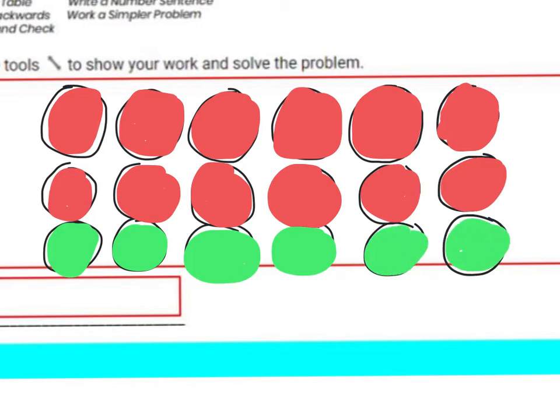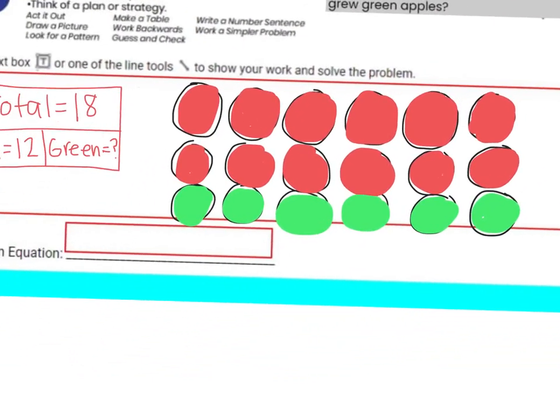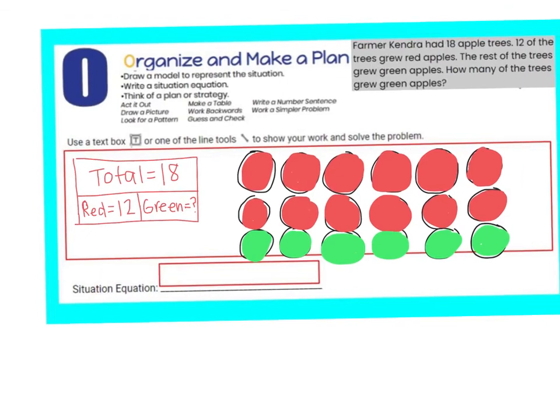Okay. So now we are going to write our situation equation.